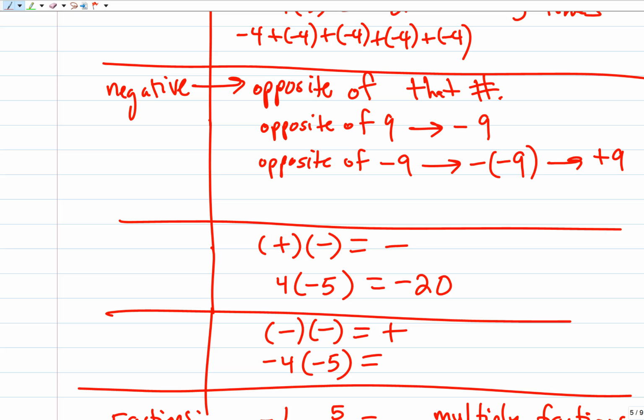What if I have a negative times a negative? Why? I love it. She said a negative times a negative is positive because a negative times a negative is a positive. Okay?